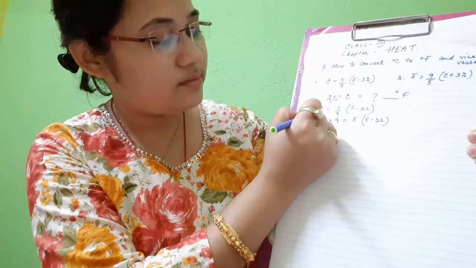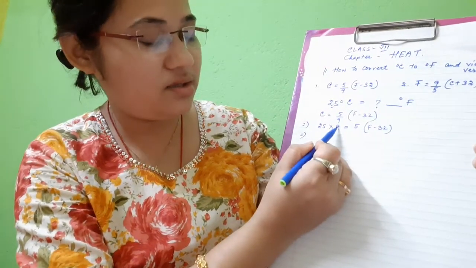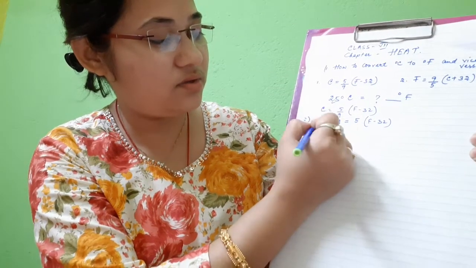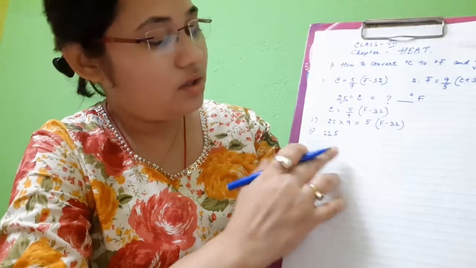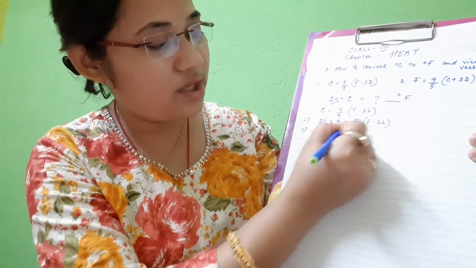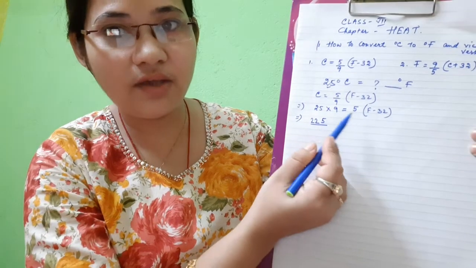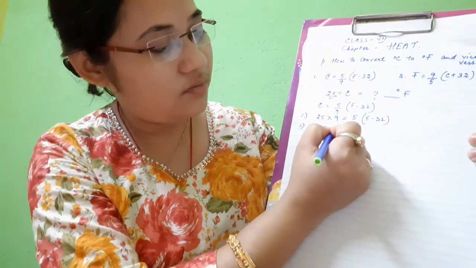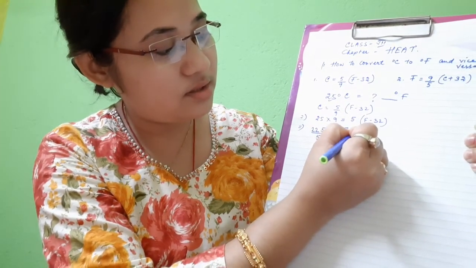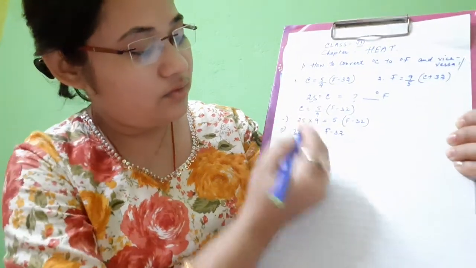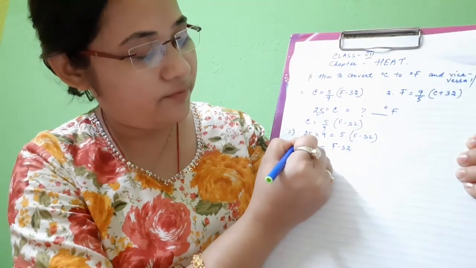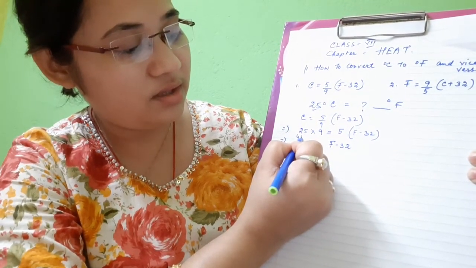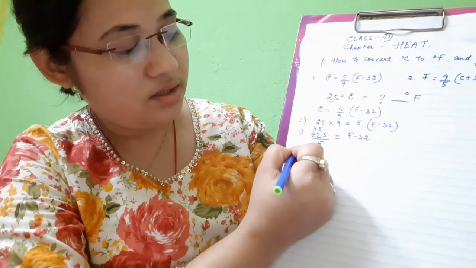Got it? Now here we have to multiply, so 9 fives are 45, that is 225. So 225 divided by this 5 will come down. The 5 that is present here will come to this side, so 5. What is left here? F minus 32 is left. Now 225 divided by 5 is 45.